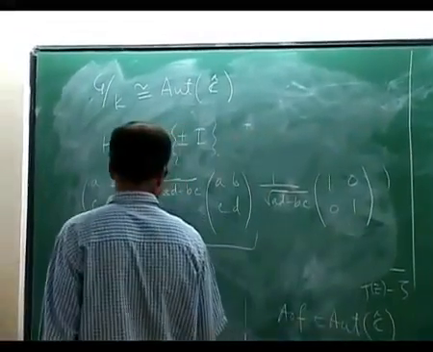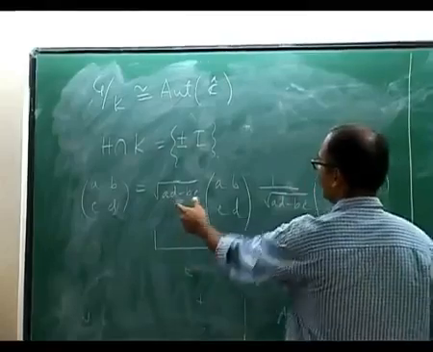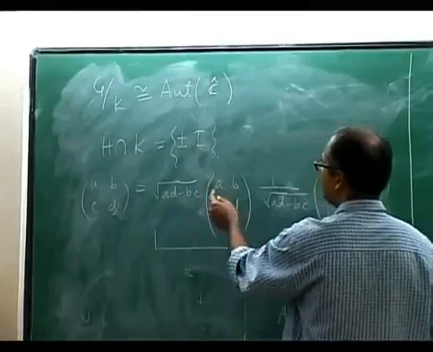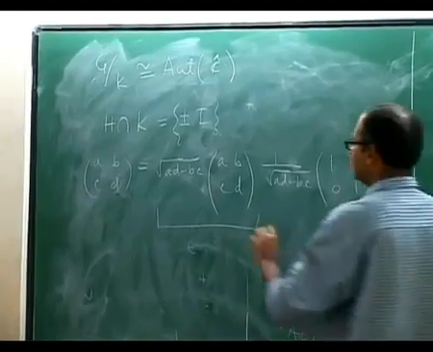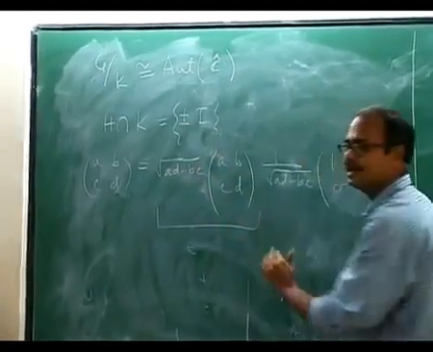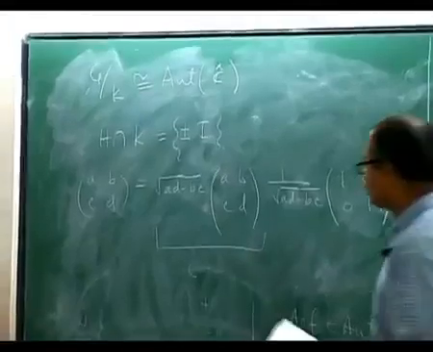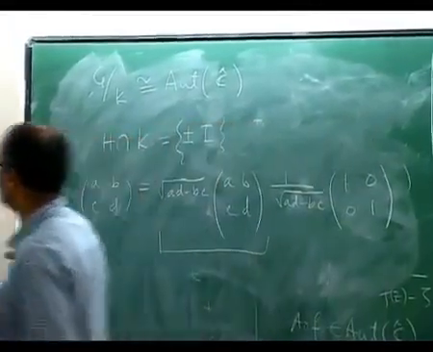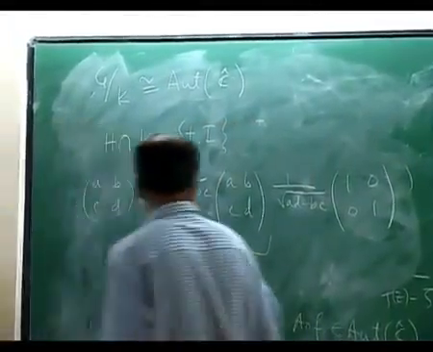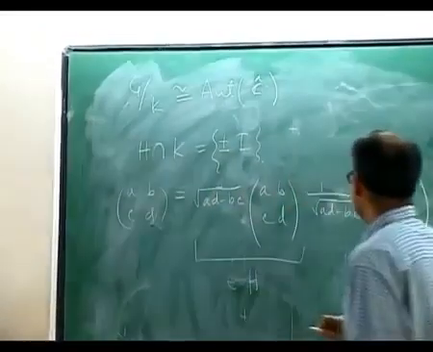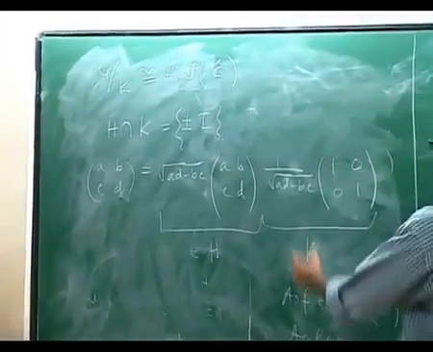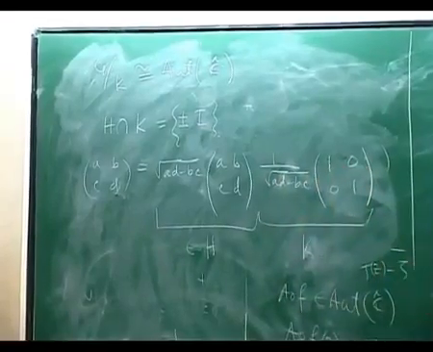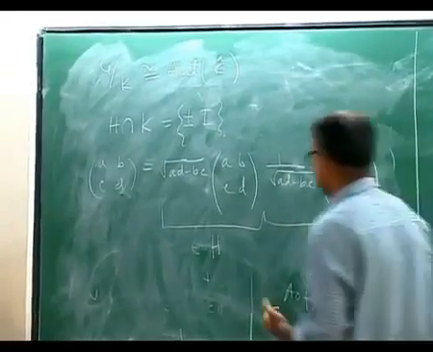I'm just scaling by the square root of the determinant. So when I take the determinant of the resulting matrix, that will be 1. So that's in SL2C, so that's in H, and this part is in K, because this is a non-zero complex number and this is the identity matrix.